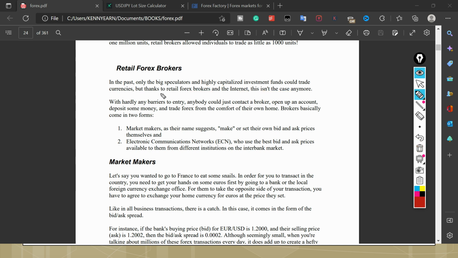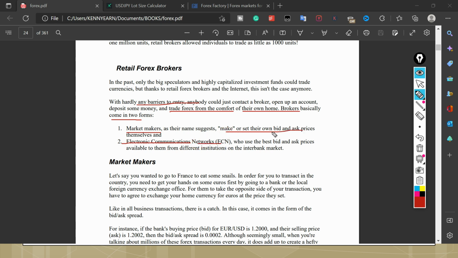Now we can access the markets through our retail forex brokers, so we hardly get any barrier. All right, so we can trade forex from the comfort of our home, and we can use these two forms: the market makers or the electronic communication network, the ECN.